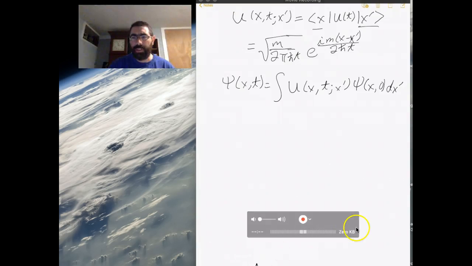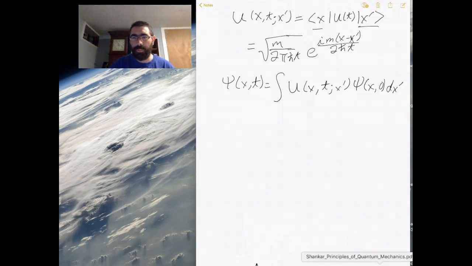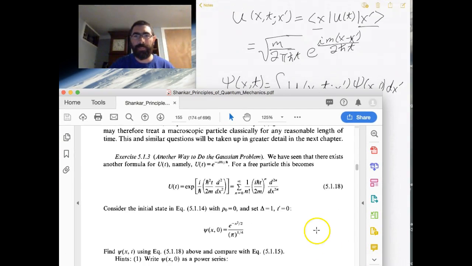So what exercise 5.1.3, if I pull it up here, is saying is, why don't we try a different approach? Why don't we use a different propagator, one that's based on the Hamiltonian, expand it with a Taylor series, and then apply it to the initial wave function.